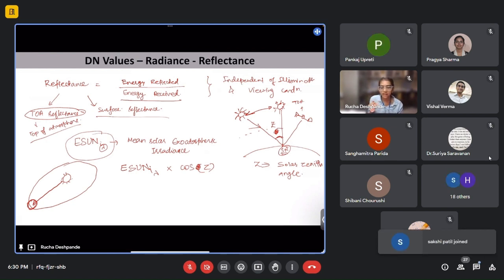So we have to take care of that factor as well. When D is higher, the irradiance will be less, and when it's lower, the irradiance will be higher. All right. So this energy received will be inversely proportional to the distance square.